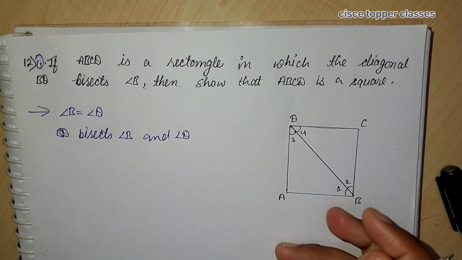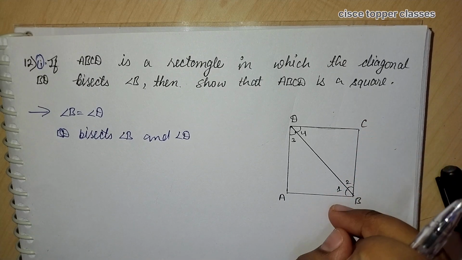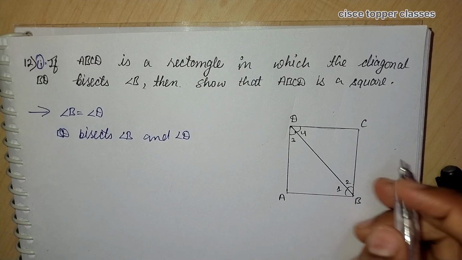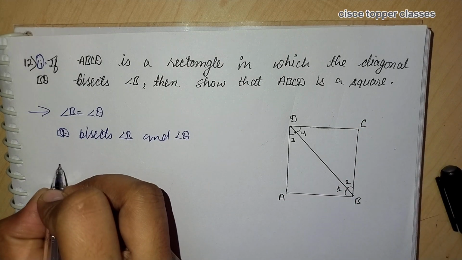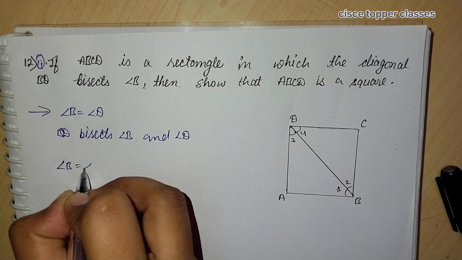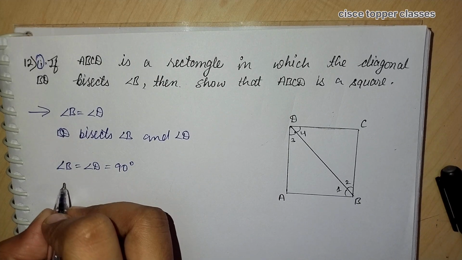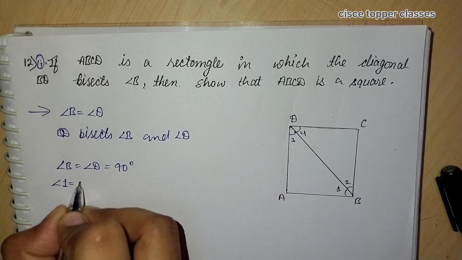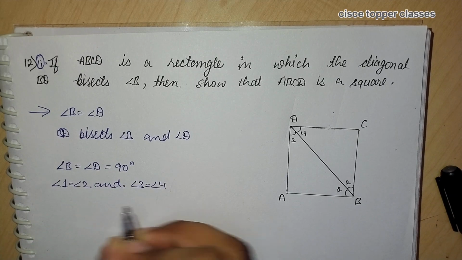Here BD bisects angle B and angle D. And from here we can say that angle 1 is equal to angle 2, because in a rectangle the angle ABC is 90 degrees. So angle B is equal to angle D, which is 90 degrees. We can write angle 1 is equal to angle 2 and angle 3 is equal to angle 4.